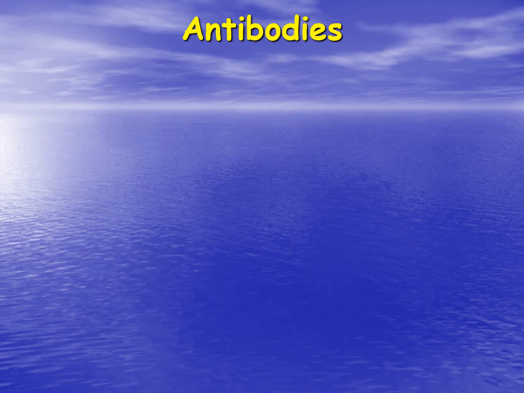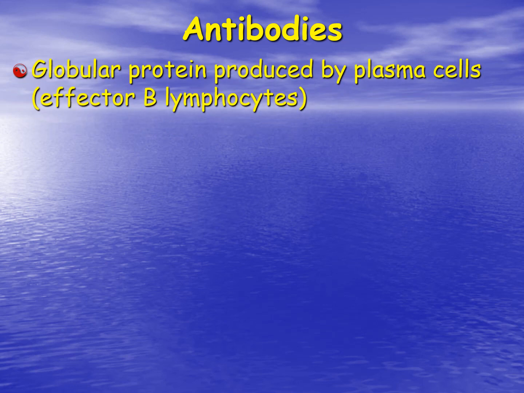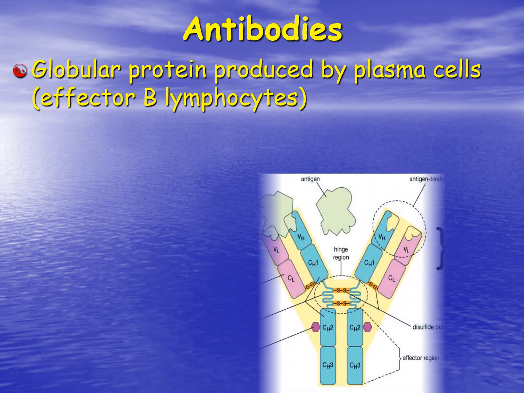Now, B lymphocytes can either be activated directly by the antigen, or they can be actually activated by lymphokines, one of the cytokines that T helper cells release to actually begin to produce antibodies. So the antibodies are these globular proteins produced by the activated or effector B lymphocytes called plasma cells.